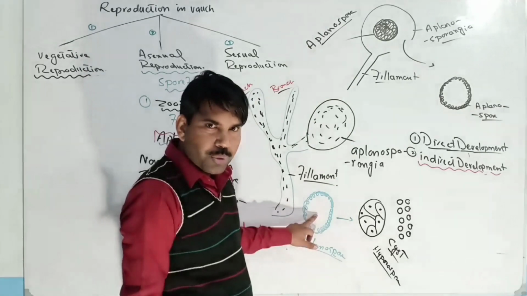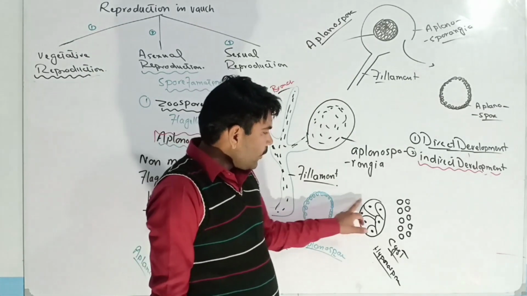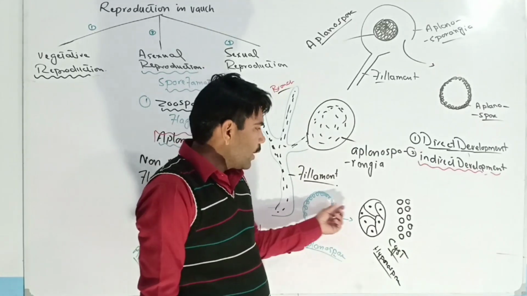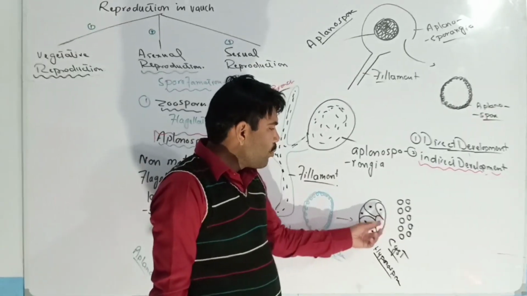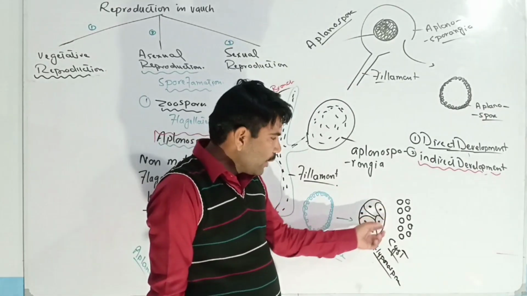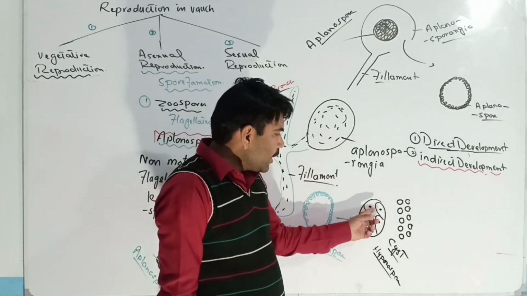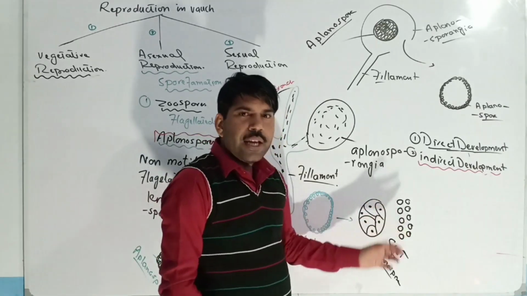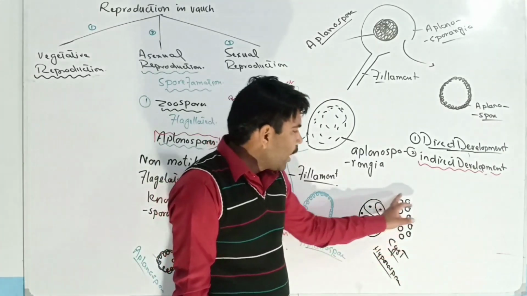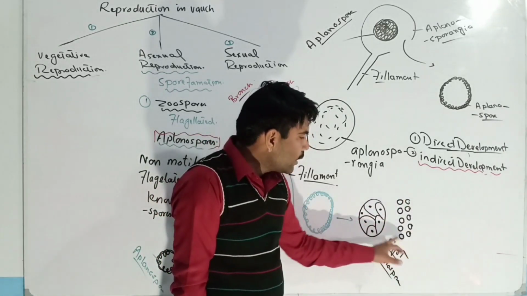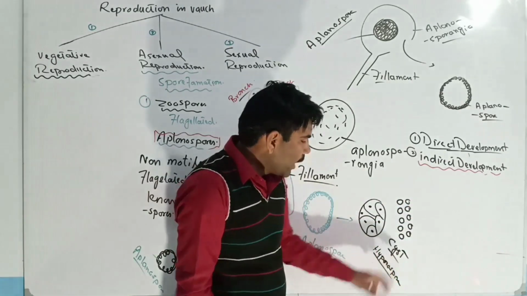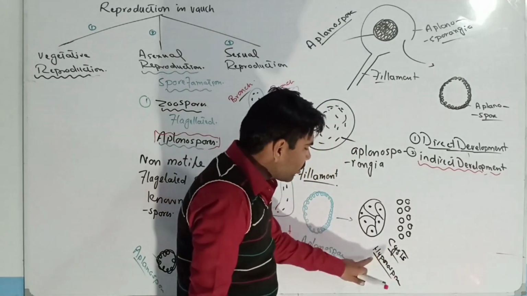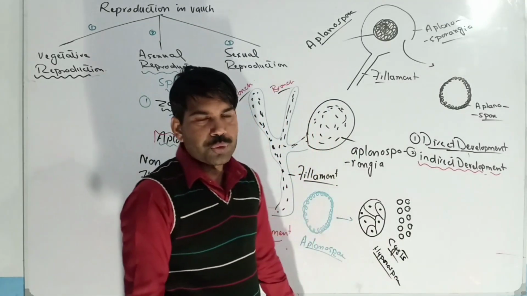Keep in mind, we are studying the indirect development of the aplanospore. This is the aplanospore. Firstly, the protoplast of this aplanospore is divided into many parts, and each part separates and becomes thick-walled, and all these thick-walled structures are known as cysts, and the second name is hypnospores.